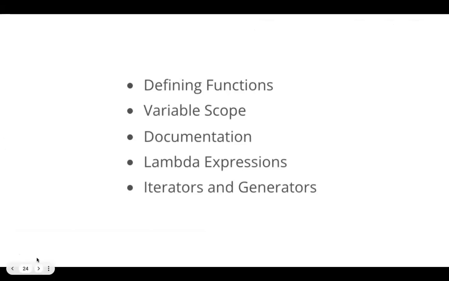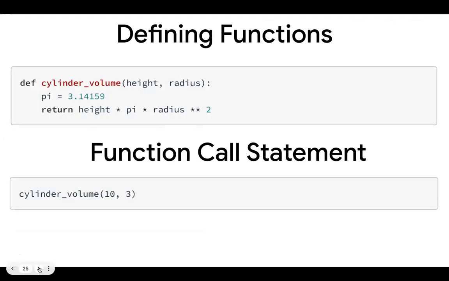Let's cover functions. We will cover today these 3 things: how to define function, what is the variable scope, and the documentation. And this will be our next lesson, okay? So we define function using this style, these rules. We use the keyword def, then the name of a function, for example, cylinder volume.